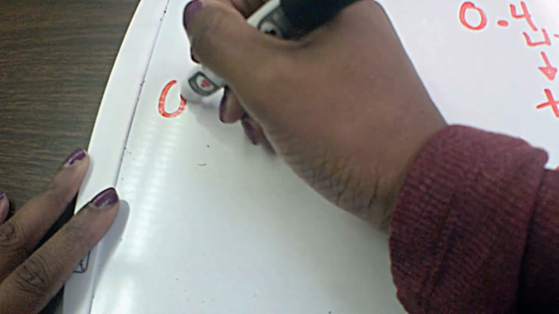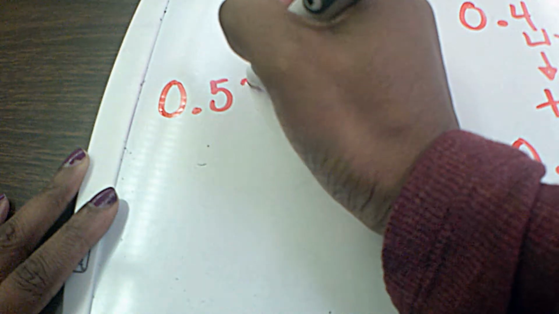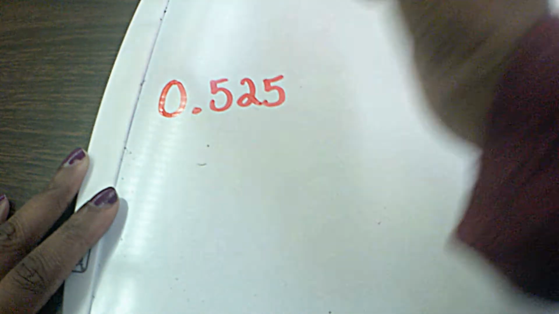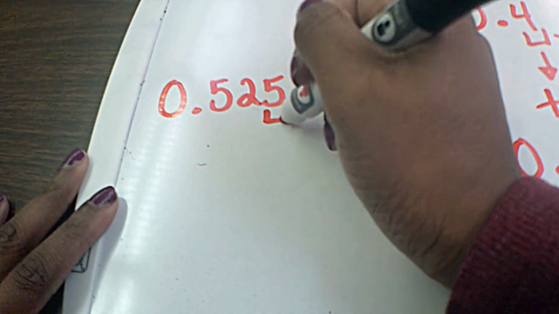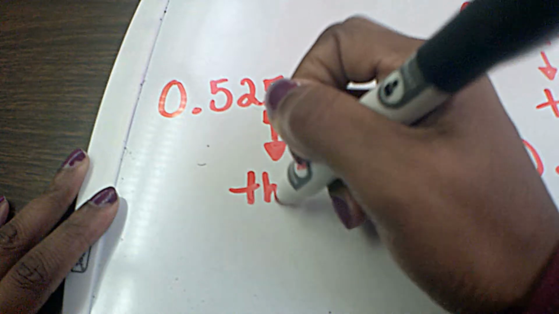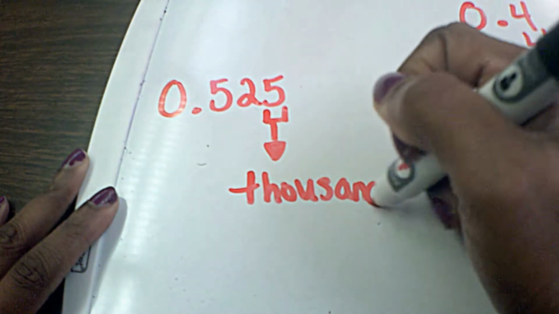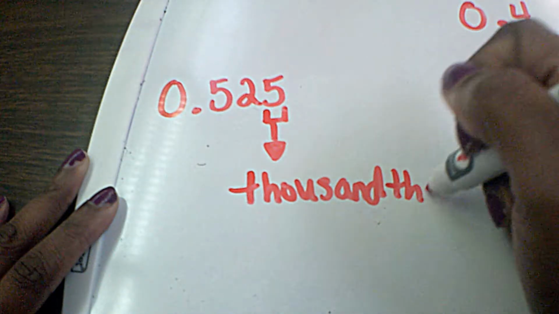Let's talk about what the thousandths place is. So we have 0.525, right? This place is the thousandths place. Don't forget the D, thousandths place.